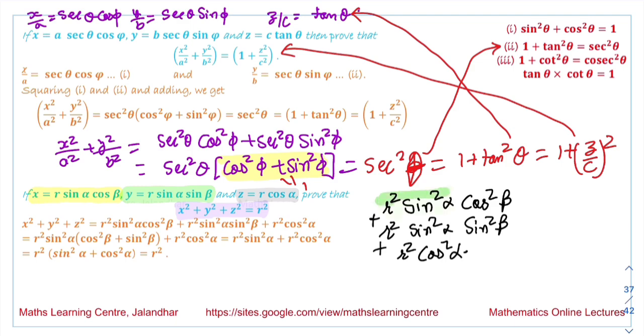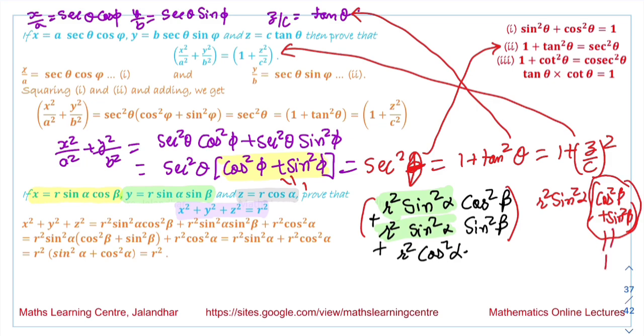From the first two terms, we can take r square sine square alpha common. I am talking about these two terms first. So we are taking r square sine square alpha common, and we are left with cos square beta plus sine square beta, and this term is equal to 1.